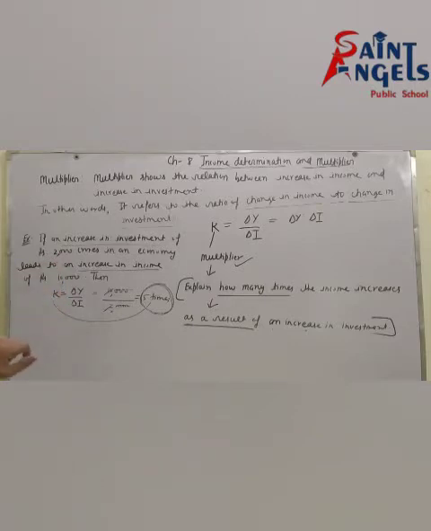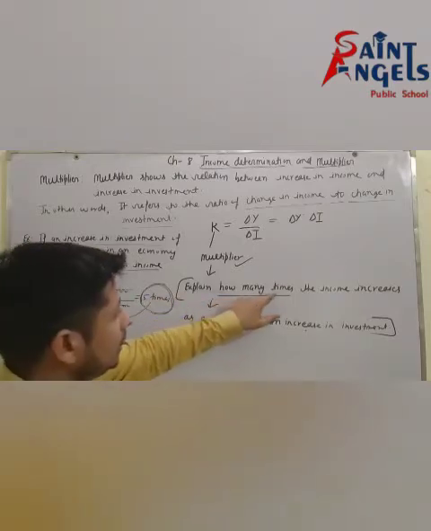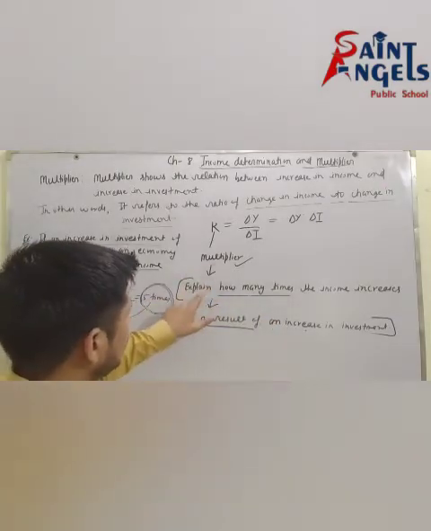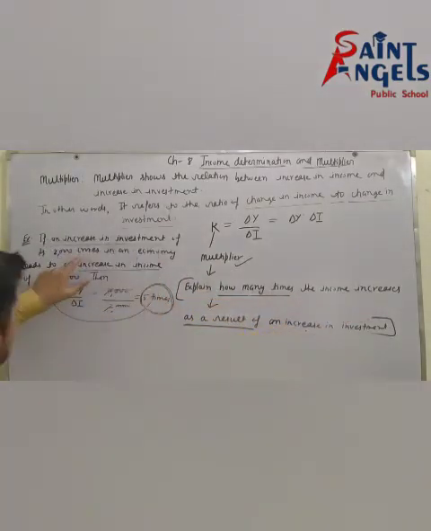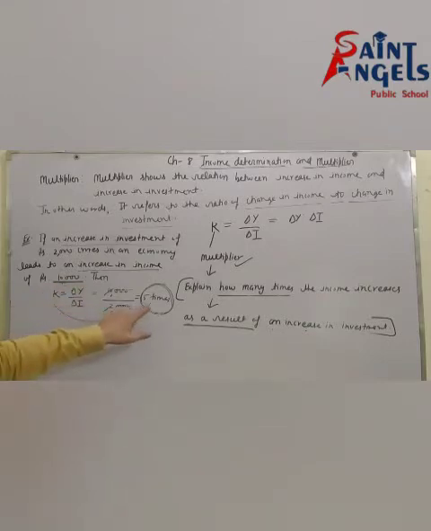So I hope all of you have understood. Multiplier shows how many times the income increases. In this example, the income increases 5 times.